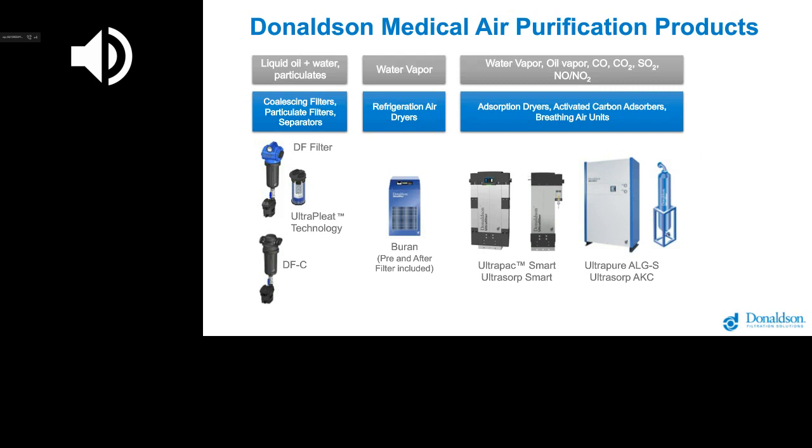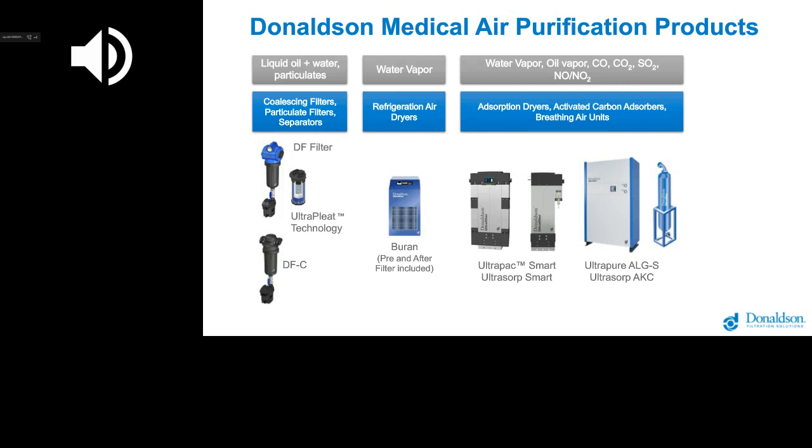So the most important part of the purification system is the system which is removing the water vapor to a really, really low value, and reducing the oil vapor, the CO2, sulfur dioxide, and the nitrogen oxides.